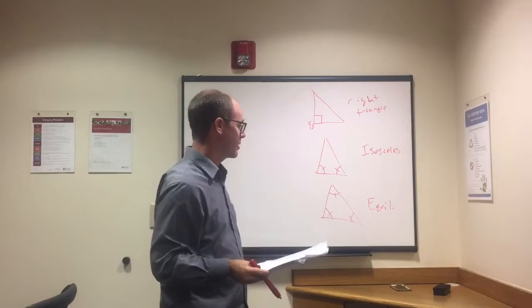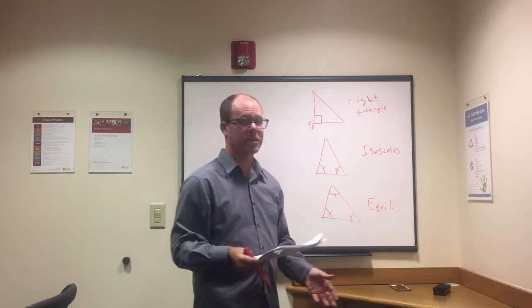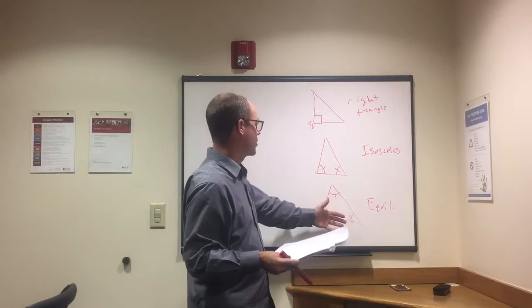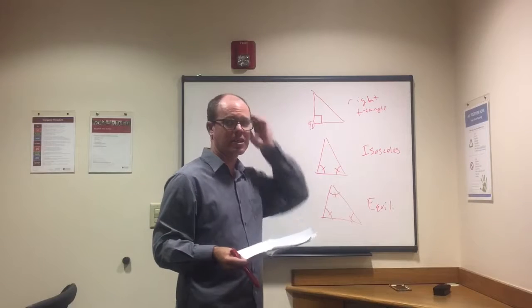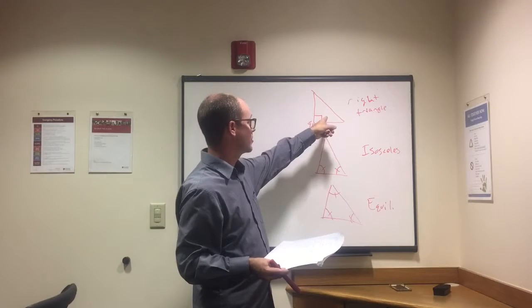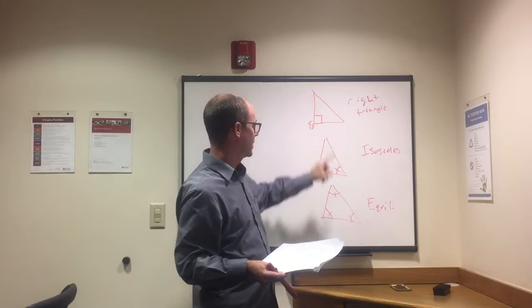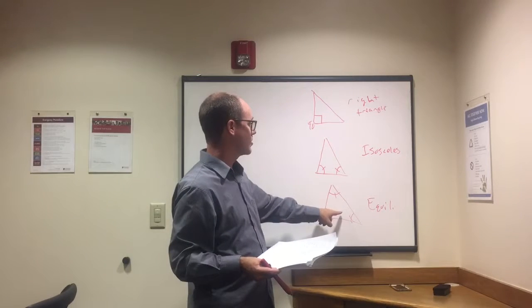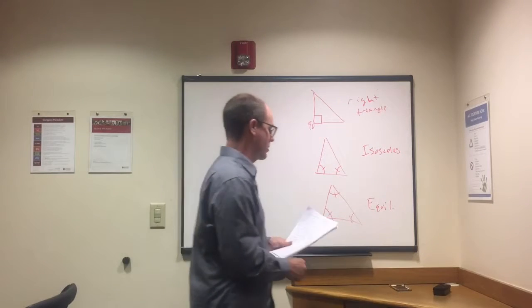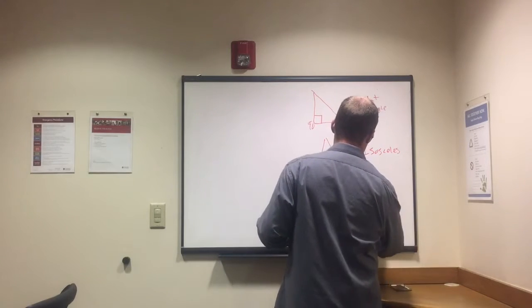Probably an easy way to remember it, they spell it differently, but it has the word equal in it. Equilateral, three equal sides. Isosceles, no easy way to remember that, but this one has the right angle, so right triangle, probably pretty likely. This one's all three sides equal, so equilateral. Two equal sides, we call that one isosceles. Okay.